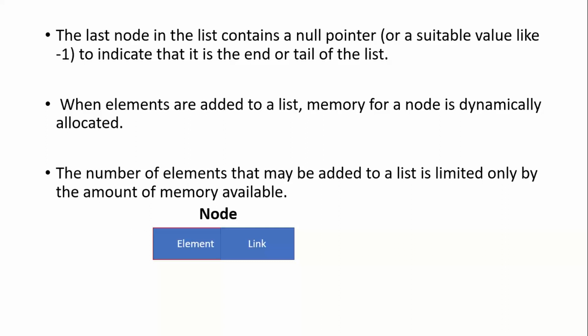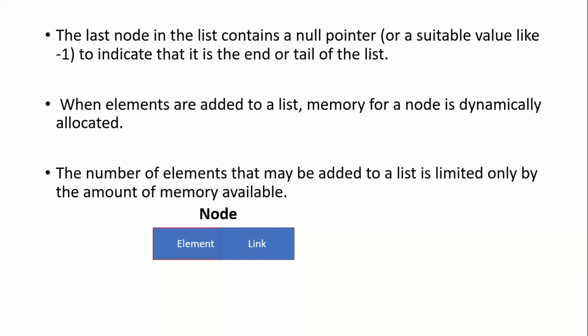It can be allocated as you request it. Next, the number of elements that may be added to a list is limited only by the amount of memory available. So that is one more advantage of the linked list. As you are not specifying the size, there is no limit.